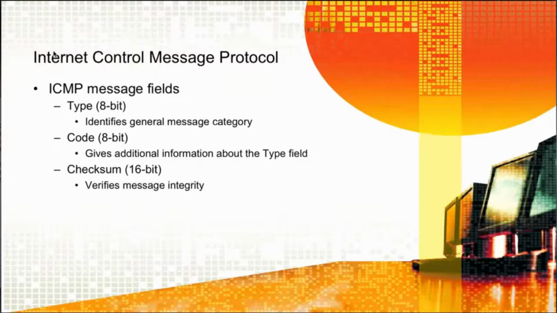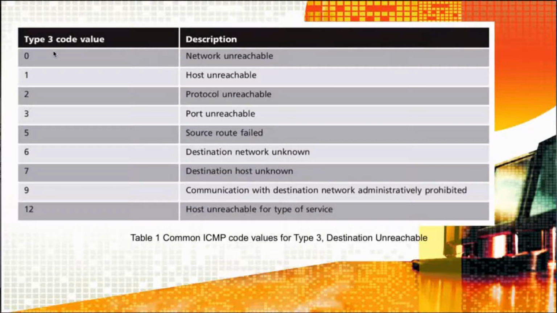The ICMP message field is broken up into types, codes, and then a checksum: an 8-bit type, an 8-bit code, and then a 16-bit checksum. The checksum is there to verify the message integrity, that it has not been disturbed in transmission.